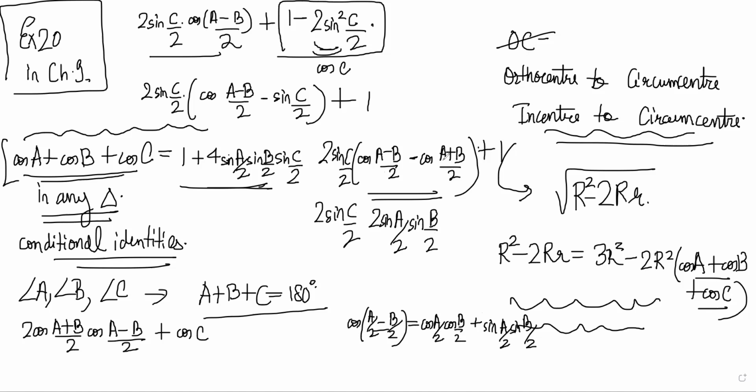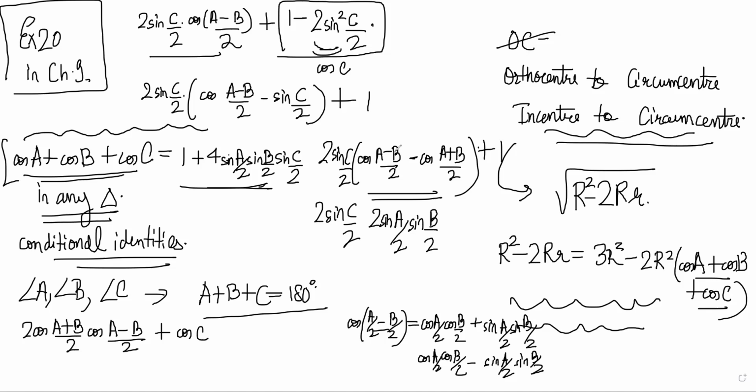And the second term is cos minus sine, but you have to subtract, right? So cos will cancel, and it will become 2 sine a by 2 sine b by 2. So you're getting 1 plus 4 sine a by 2 sine b by 2 sine c by 2, right?